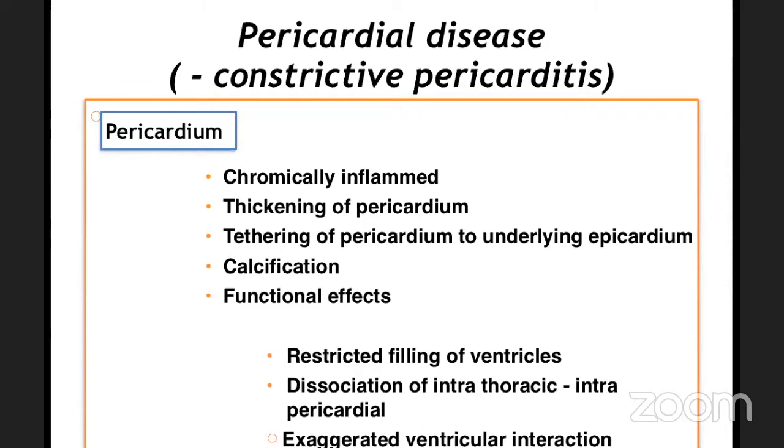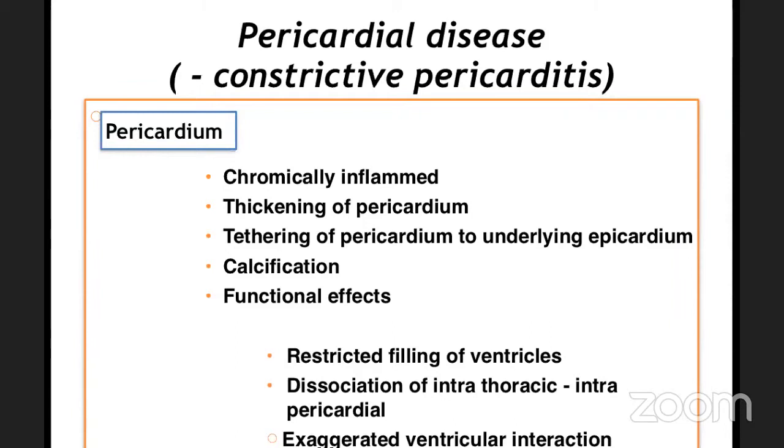And in about 1/3 of the patients with constrictive pericarditis, there may be calcification of the thickened pericardium. Not only is there anatomical abnormality of the pericardium, this thickened pericardium decreases the elasticity, so it cannot expand anymore.